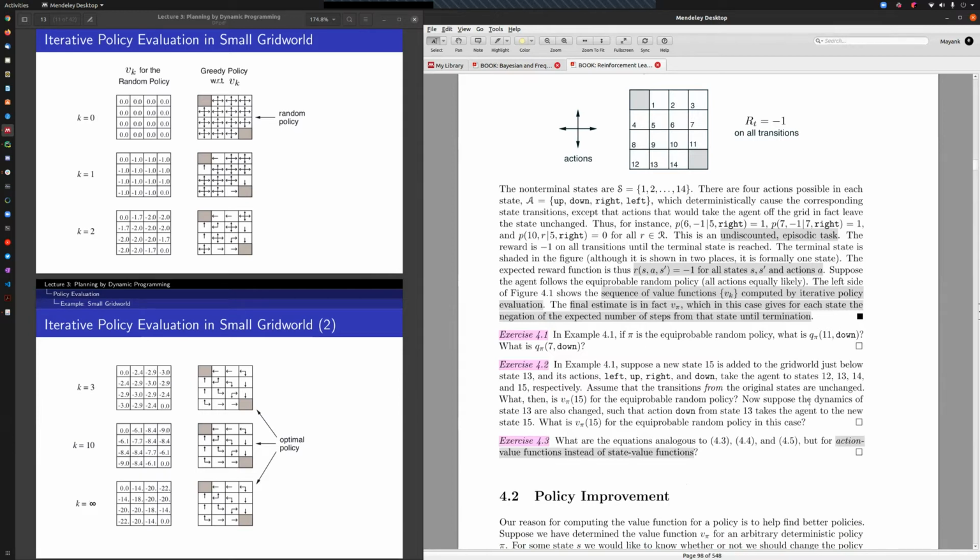In 4.2, they have asked about VPI of a new state that is being added just below it, what the transition probabilities are, the dynamics of the new state, and what the policy will be in this case.